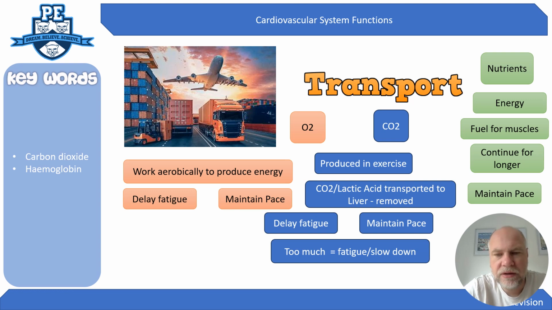Usually, in the books and on the specification, there are 5 main functions. So the main functions are transport of oxygen, transport of carbon dioxide, and transport of nutrients, but also regulation of body temperature and clotting of open wounds. Now, in this particular slide, we're only going to look at the transport part.